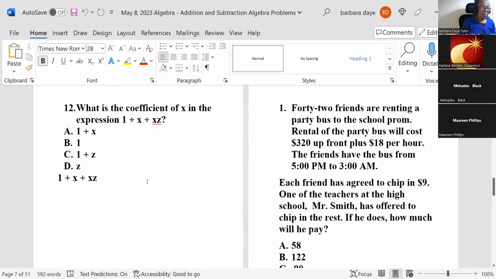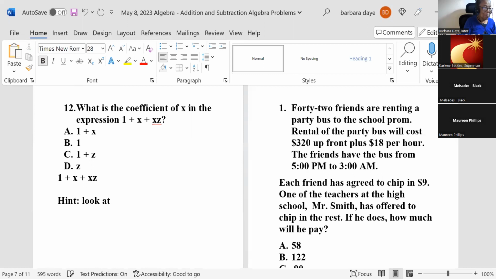So the answer would be, the question is what is the coefficient of x in the expression? I would say B.